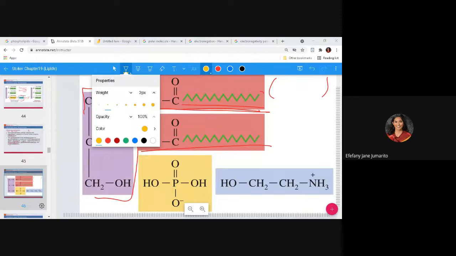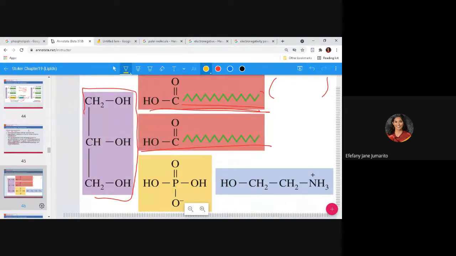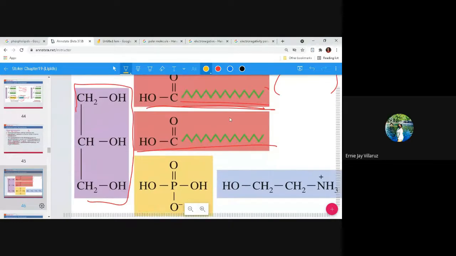Okay, structural notation. We have Ernie. What is this first fatty acid?